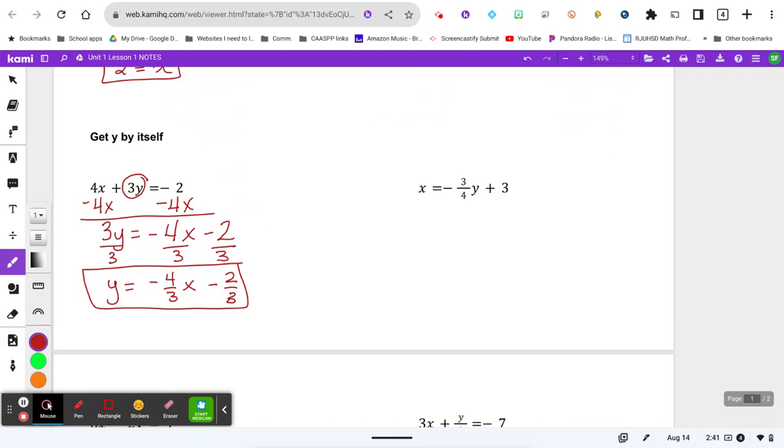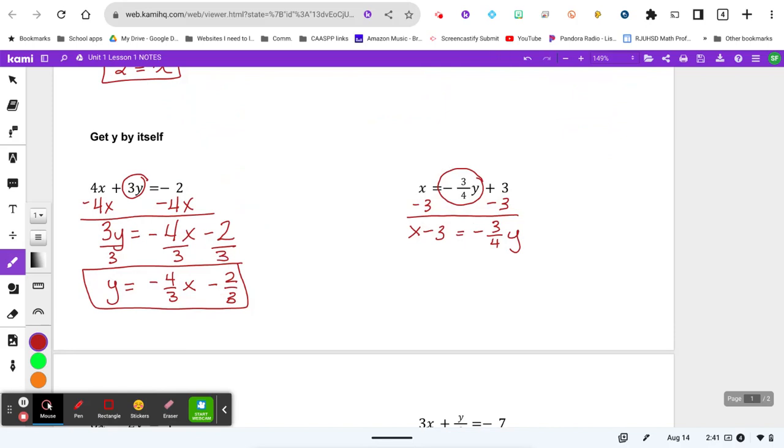All right, so next thing, we want the y by itself, so we're going to move the 3 and always do the opposite. So x minus 3 equals negative 3/4 y. Now with this one, you could always do the inverse of 3/4, multiply both sides by negative 4/3.